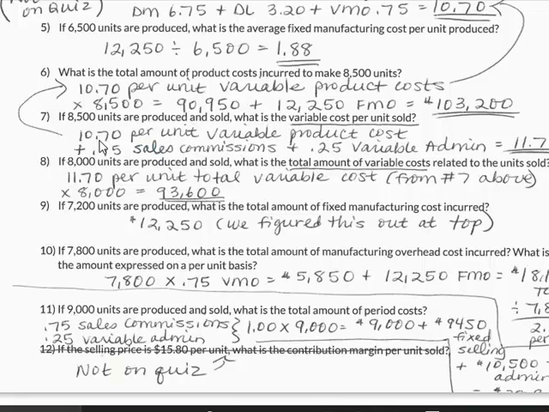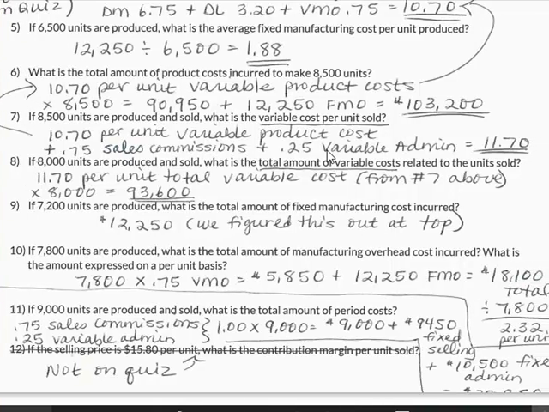Well, we just figured out that $10.70 is the total per unit variable product cost. So we're going to go ahead and add the variable period costs as well, 75 cents in sales commissions and 25 cents in variable admin expense, for a total of $11.70 in variable costs per unit.